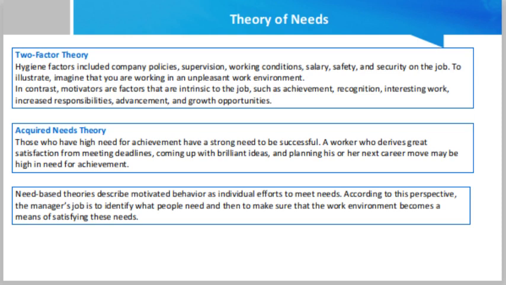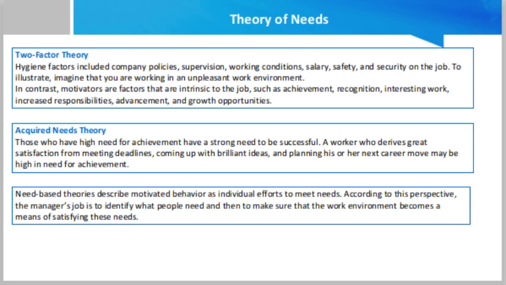In fact, many factors in our work environment are things that we miss when they are absent, but take for granted if they are present. In contrast, motivators are factors that are intrinsic to the job, such as achievement, recognition, interesting work, increased responsibilities, advancement, and growth opportunities. According to Herzberg's research, motivators are the conditions that truly encourage employees to try harder.